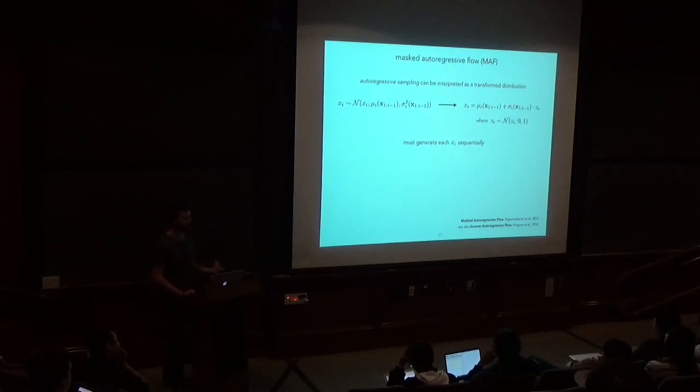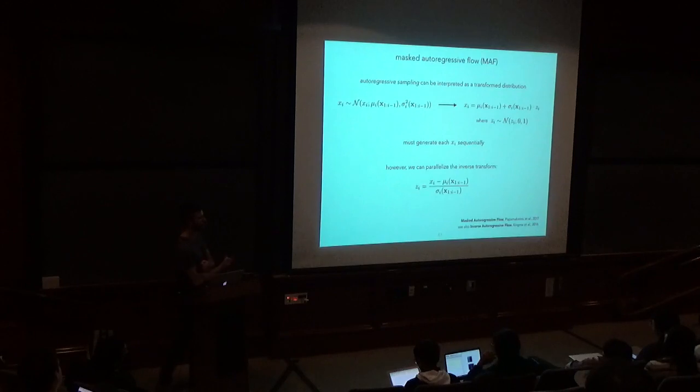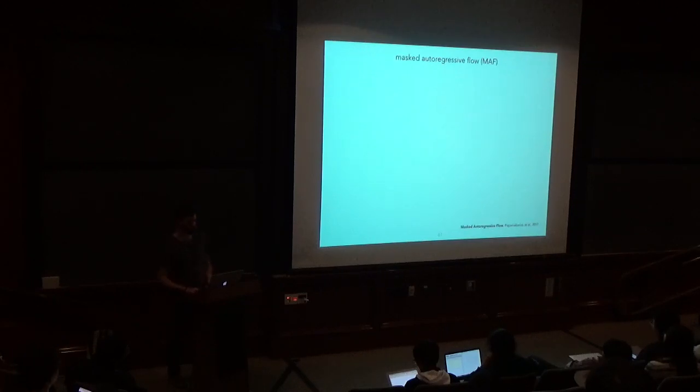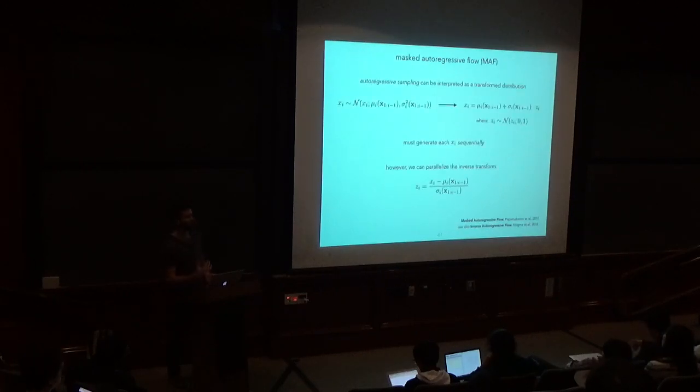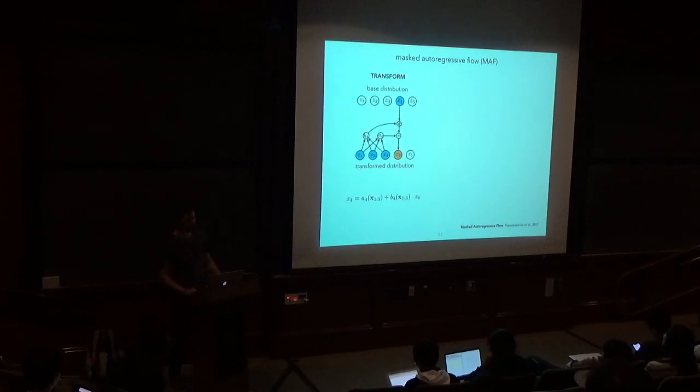And so in general, we would have to generate each of these x_i's sequentially. And so we can think about actually applying the inverse transform. So just take this equation here, solve for z_i, and now what we have is a form that can be parallelized in a very computationally efficient manner. So what does this actually look like?